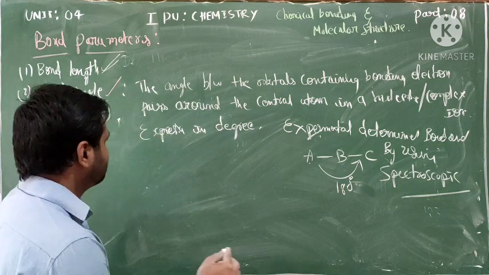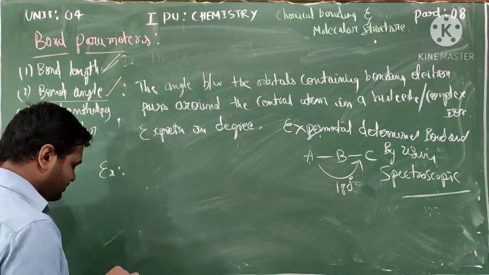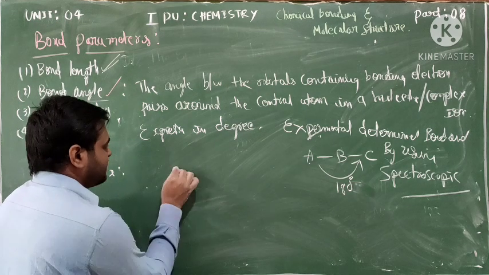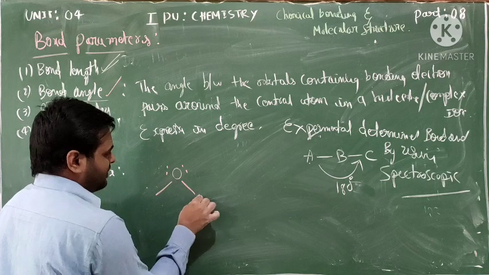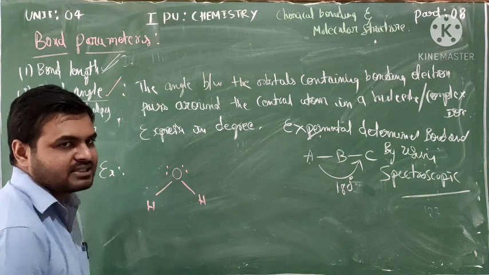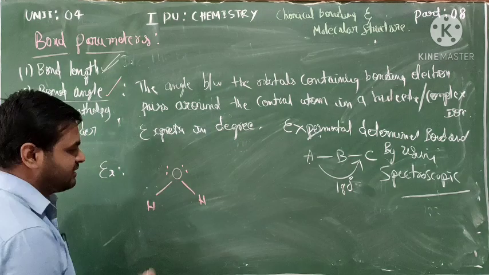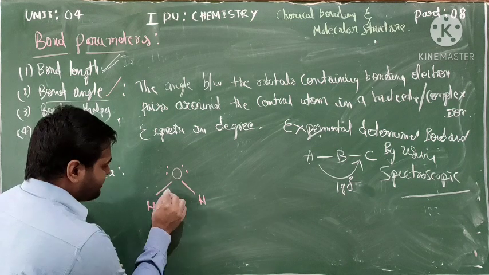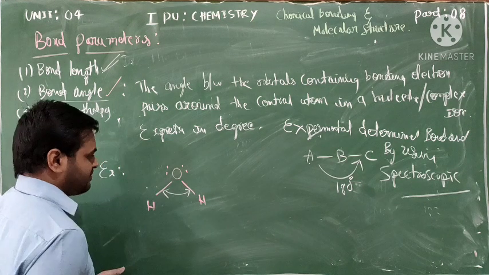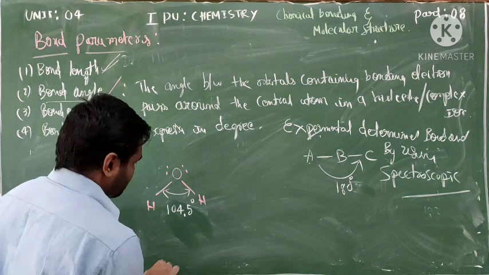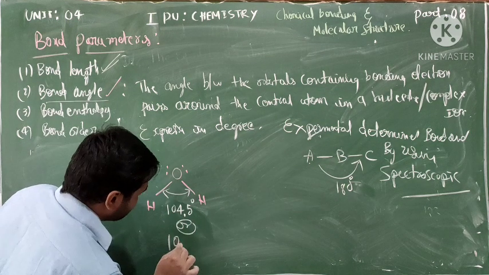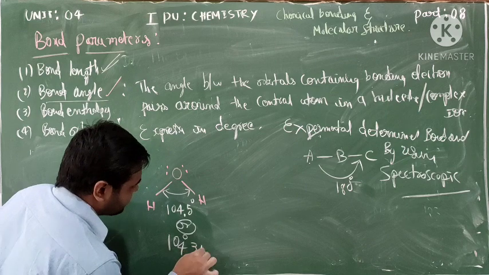Okay, so some examples. See here, say water, this is a water structure with H. It has a bond angle of 104.5 degrees, or 104 degrees 31 minutes.